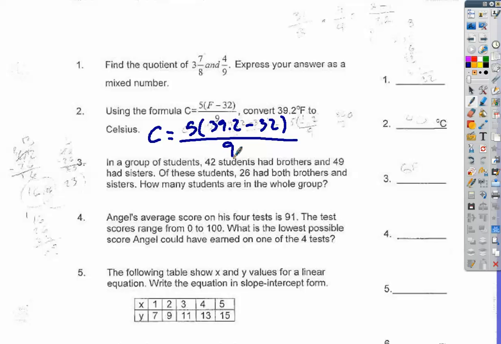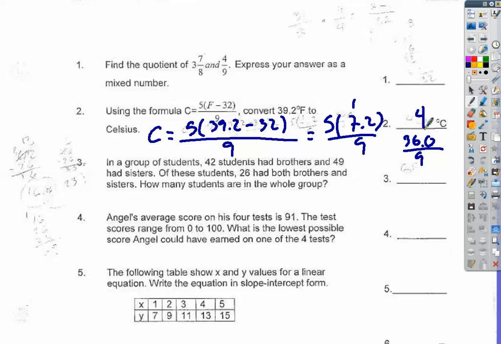So 39.2 minus 32 is going to be 7.2, we still have our 5 on the outside, over 9. So then we multiply 5 times 7.2. 5 times 2 is 10, carry the 1, so that's 36 over 9, so we divide that. And so we get 4 degrees Celsius.